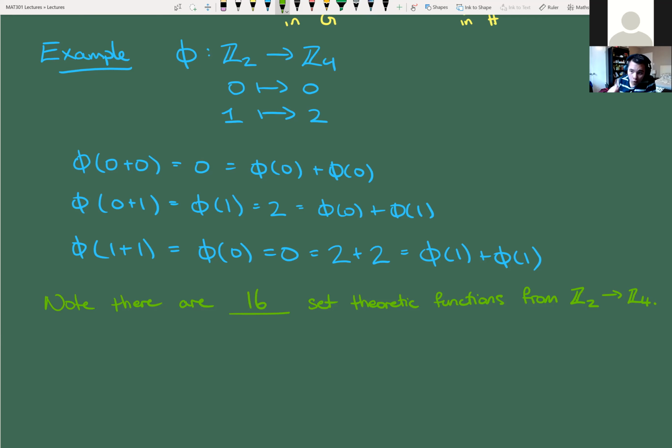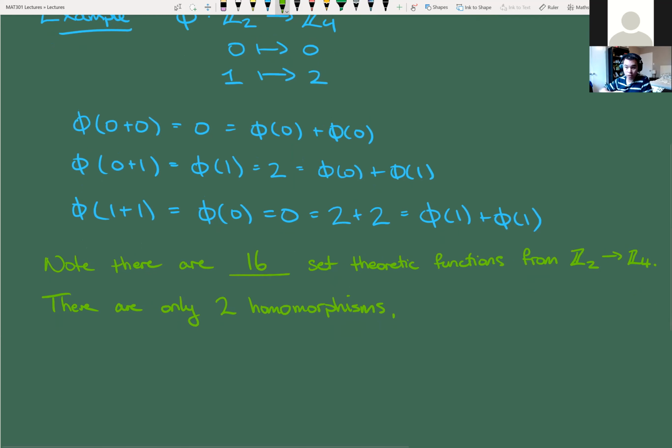I claim that the only 2 group homomorphisms are the following. There's the trivial homomorphism, which just sends everything to 0.